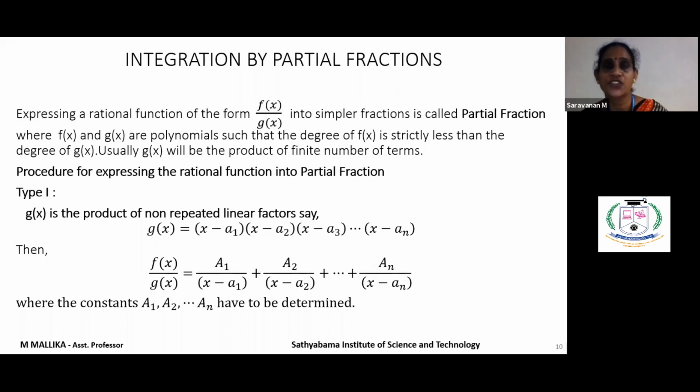And this procedure of expressing f of x by g of x into simpler fractions is what you call partial fractions. And how will you express this as partial fractions?